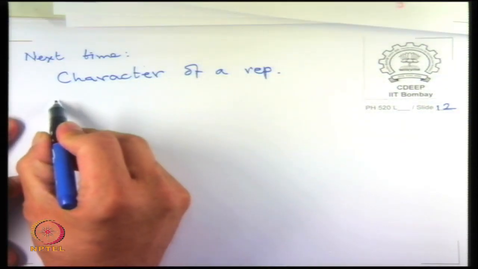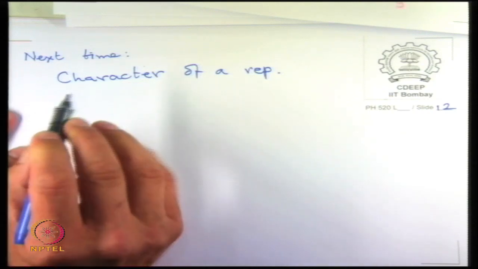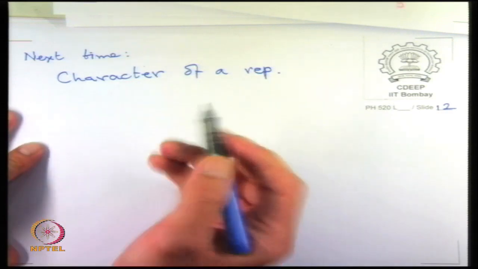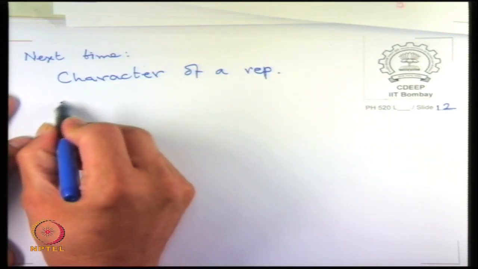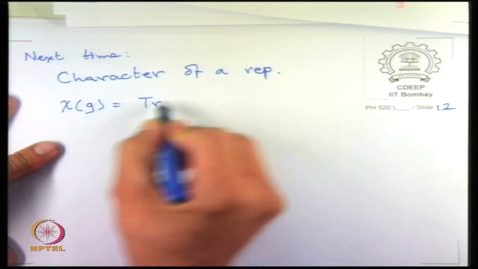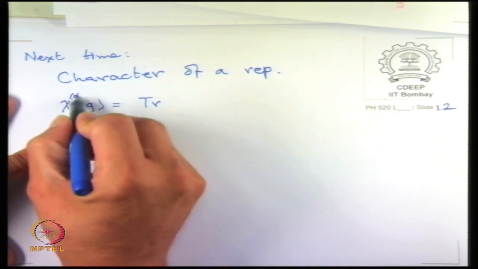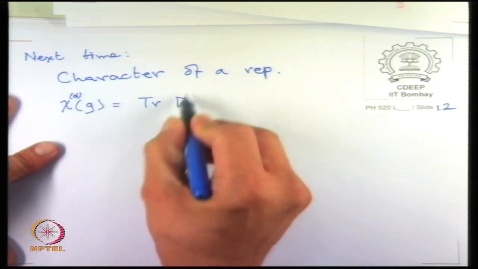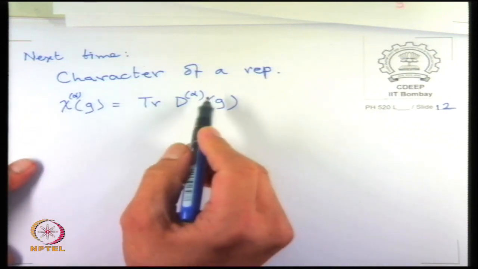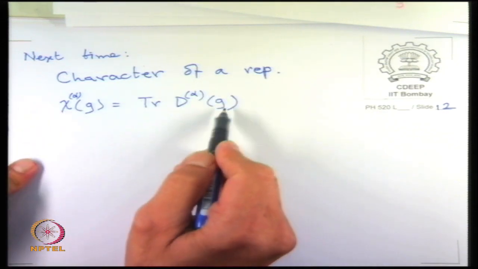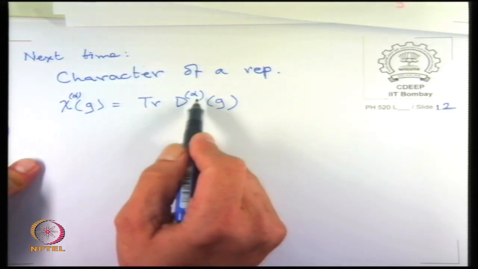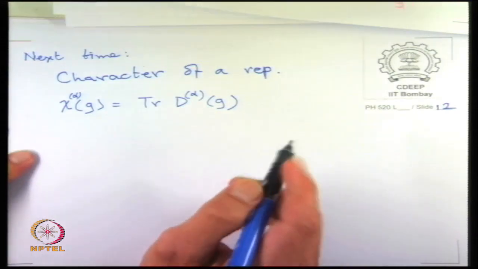In mathematical terms, it's very simple. It's the trace of the matrix representing the element. So the character chi alpha of G is the trace of D alpha of G. In the representation alpha, representing a matrix element G, the character is just the trace of that matrix.